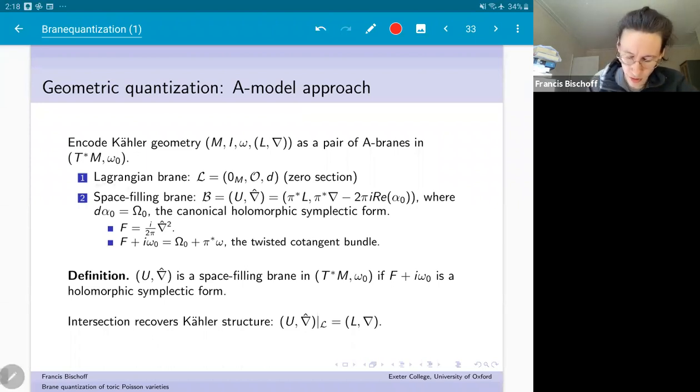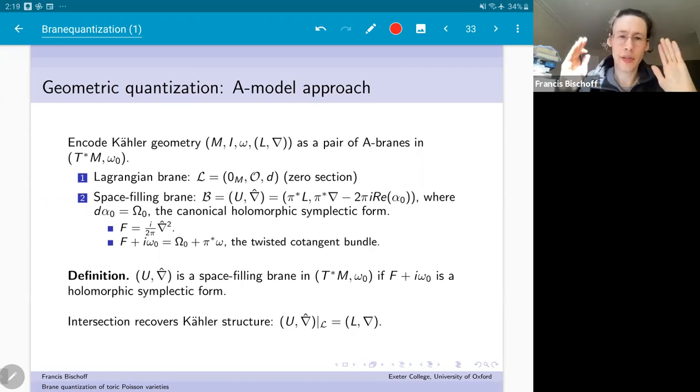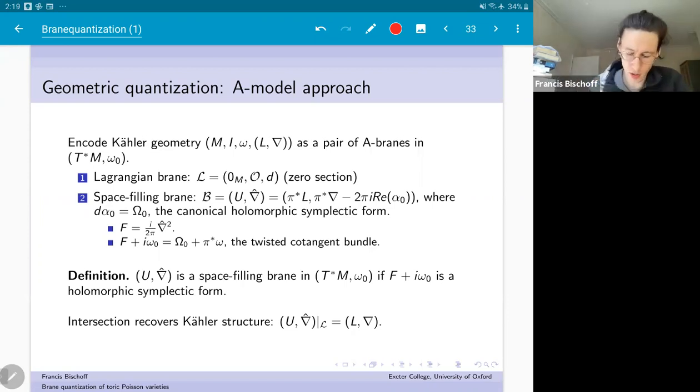The first is a Lagrangian brane, which is given by the zero section with a trivial flat connection. And the second brane is a so-called space-filling brane. So these are these more general branes of Poisson and Orlov. And this thing is basically supported on the entire cotangent bundle. That's why it's called space-filling. And the data that specifies it is a unitary line bundle with connection.